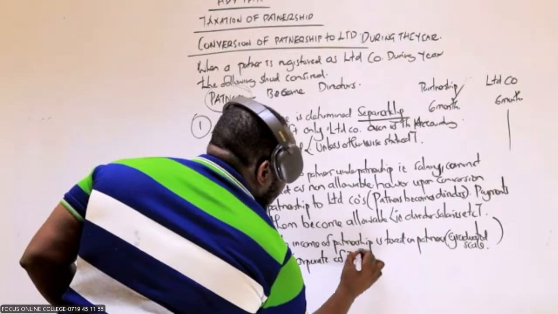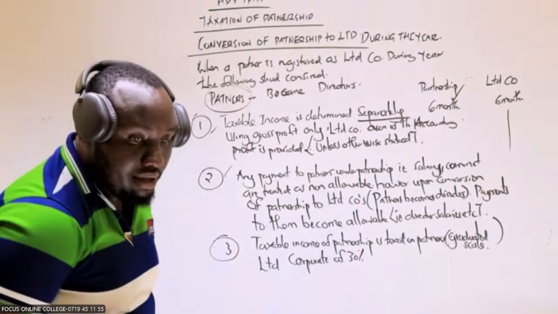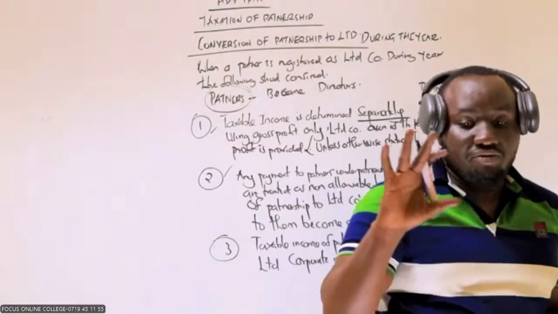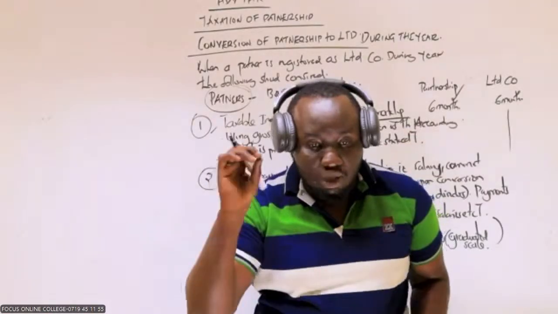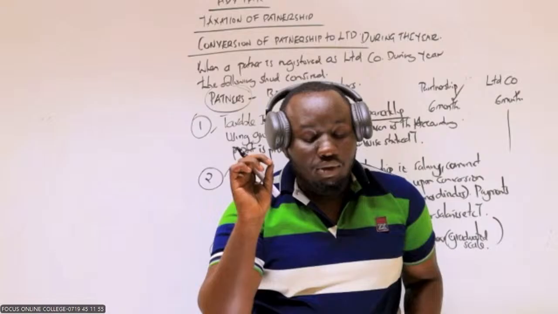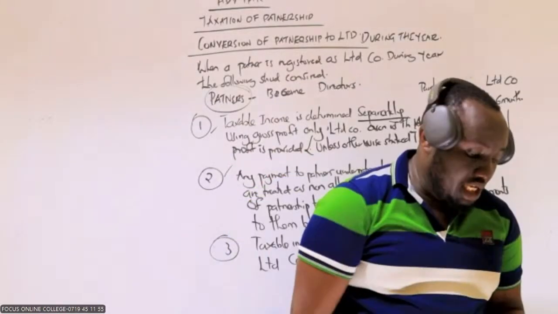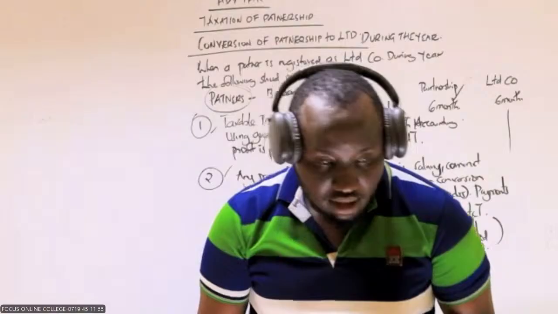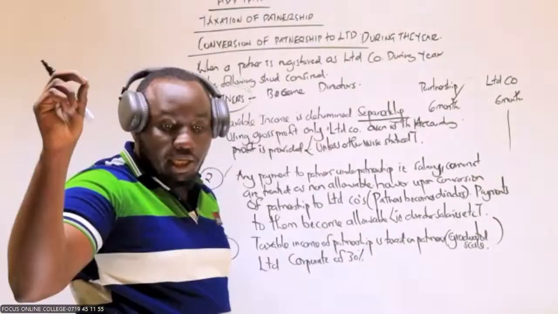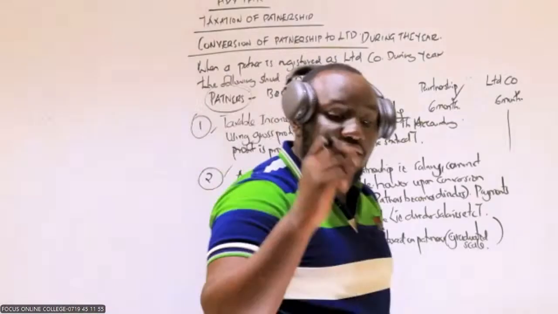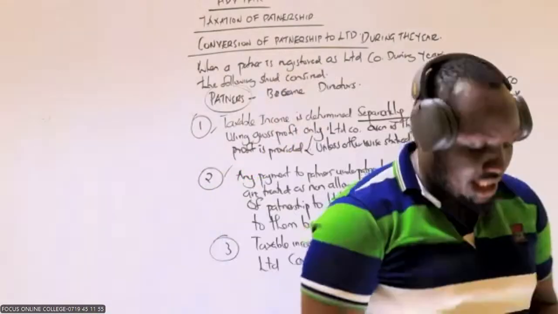That is for a resident company. With exceptions to which year? With exceptions to the year 2020. What was the rate of taxation in the year 2020? Exceptions for the year 2020 when it was 25% due to COVID measures to cushion the citizens. Are we together?